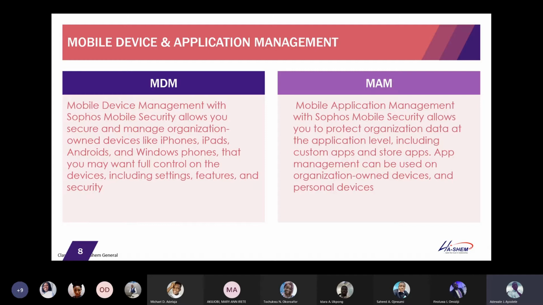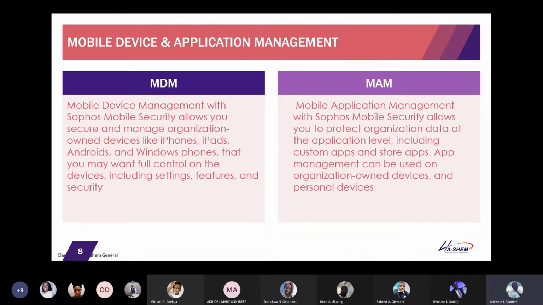The same way for mobile application management, you can protect and control business emails without intruding on the user's privacy. The MAM allows you to manage applications, to protect and control business emails and business organization resources on the user's device, which is not the organization-owned device but the personally owned device.